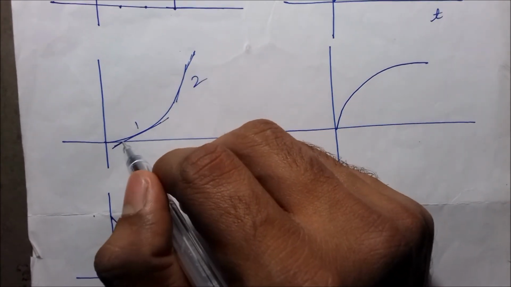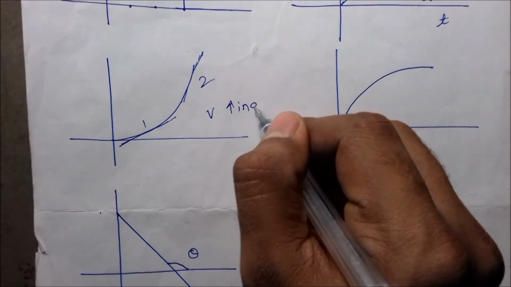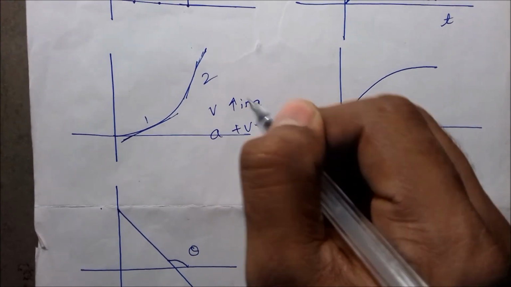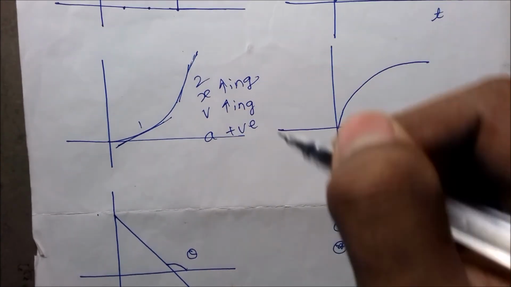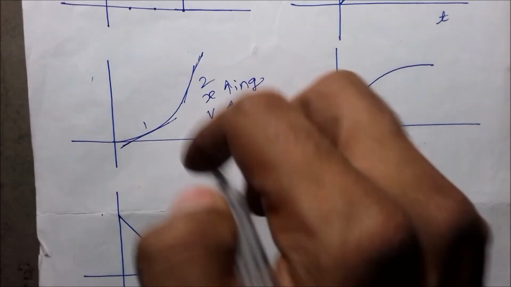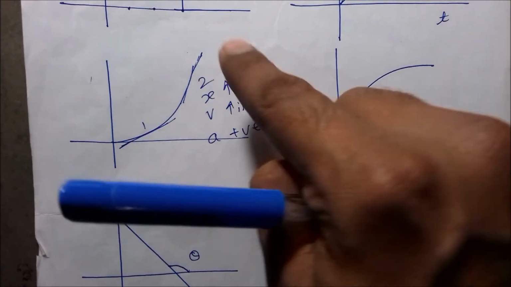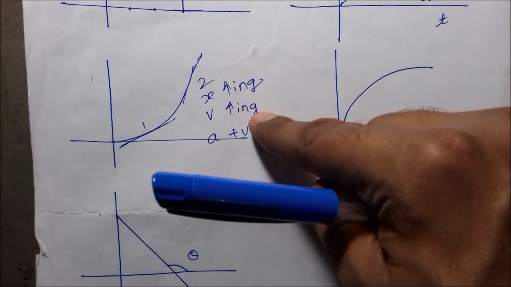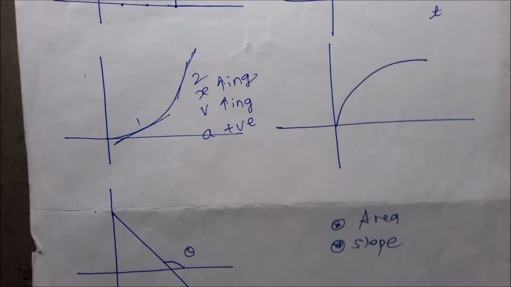So in this graph velocity is increasing, which means acceleration is positive, and displacement is also increasing. This is the displacement versus time. Graph is going in upward direction, therefore displacement is increasing. Slope is increasing, therefore velocity is increasing, and velocity is increasing, therefore acceleration is positive.